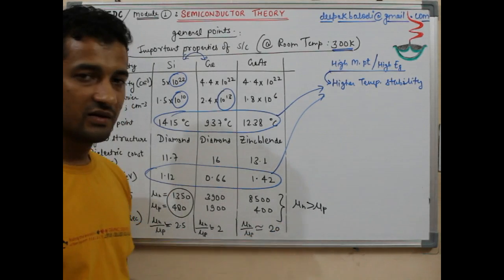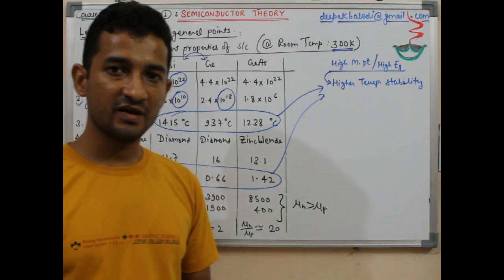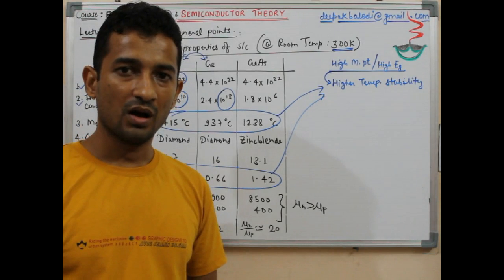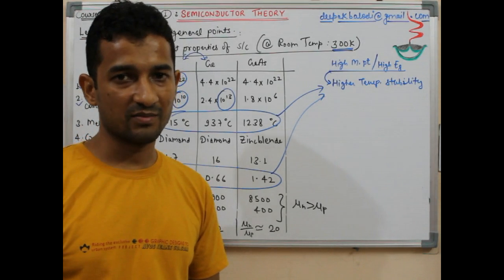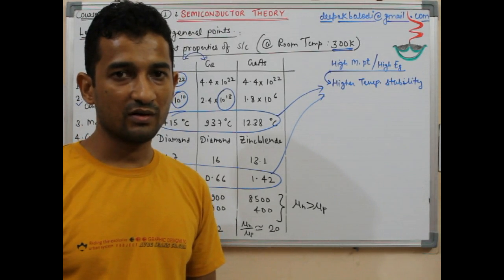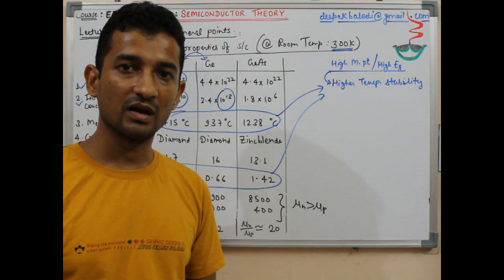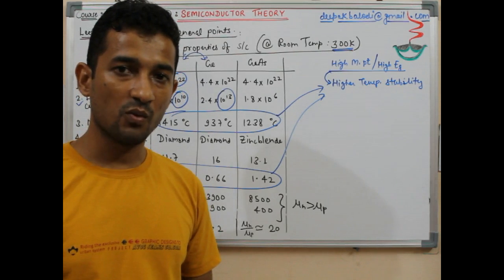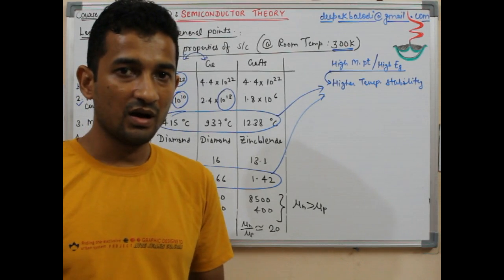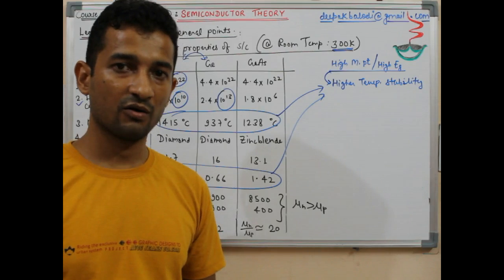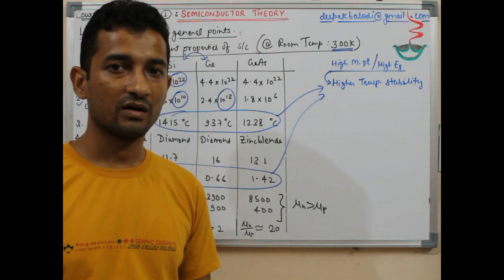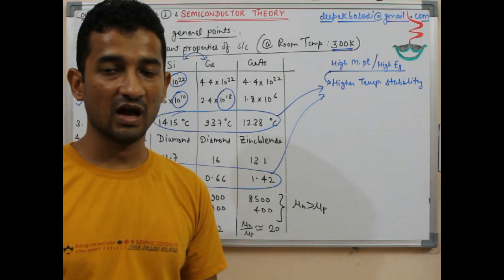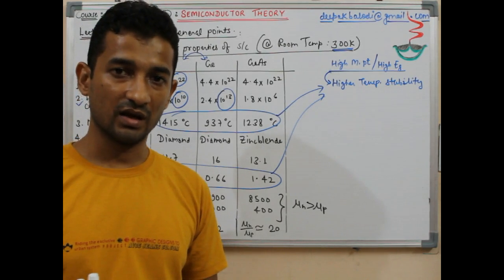So if mu n is greater than mu p, it tells us that a free electron moves much more rapidly than a free hole if the same force, the same electric field, is applied. High velocity of an electron means a larger current, a higher current. So the devices which basically consist of more free electrons rather than free holes are highly favorable as compared to those devices which have dominant particles as free holes.